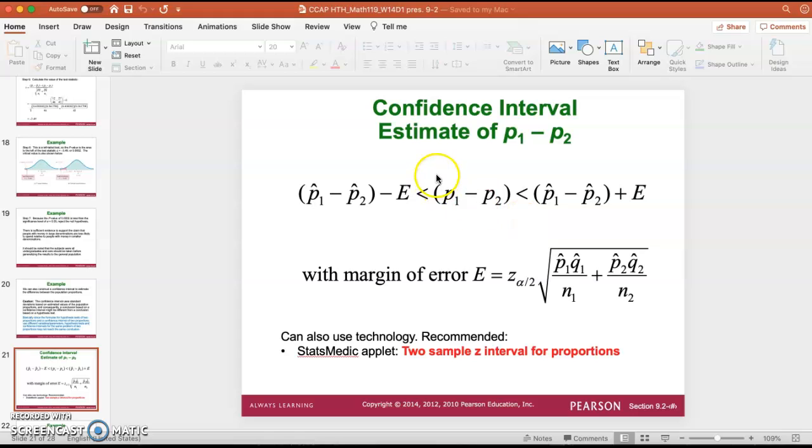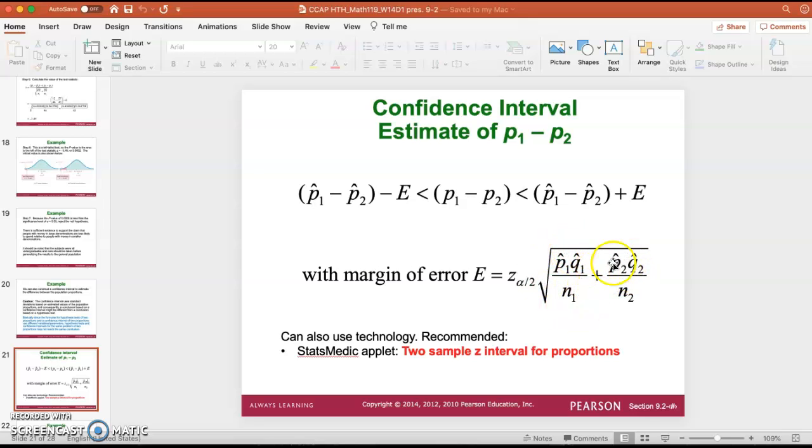So here's how you do the formula for the confidence interval of the difference of two proportions. You start with the difference of your sample proportions. Same idea as other confidence intervals. Subtract the margin of error to get the lower bound, add it to get the upper bound. And now this is how you find the margin of error for this kind of confidence interval. Take the same kind of z critical value times the square root of now both sample proportions: the sample proportion times the opposite, divided by the sample size for one sample.